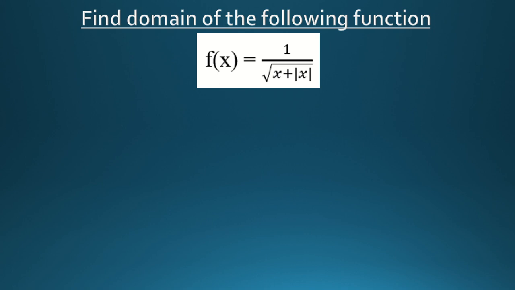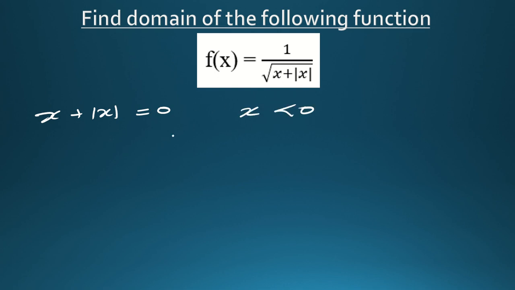Now you see, in the types of functions I have told you about this type of function. This is called the modulus function or absolute value function. Just as a reminder, its value cannot be negative. So x plus absolute value of x, when will it be 0? When x is negative.